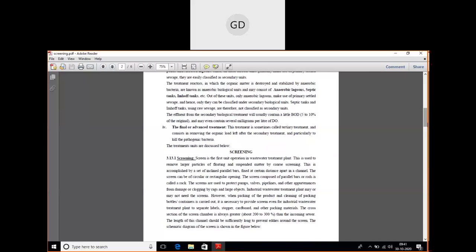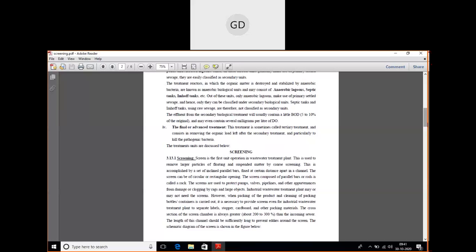Screening we have already discussed in the treatment of raw water. It is the first step of the treatment process, both for raw water and for treatment of sewage.